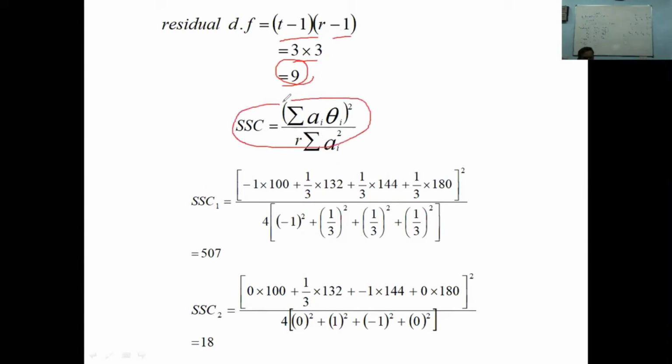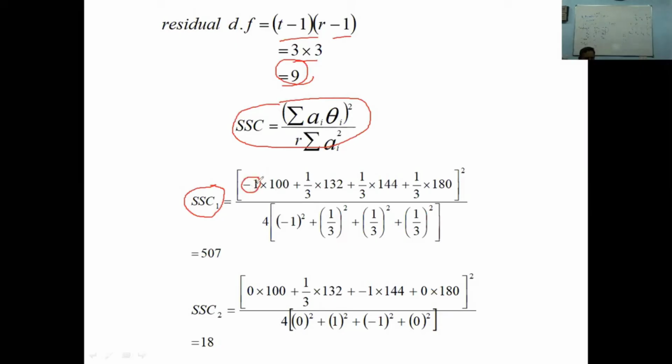For each contrast, we can calculate the sums of square. So this is the formula, as I said. If you want to calculate the sums of square for the first contrast, these are the coefficients, right?